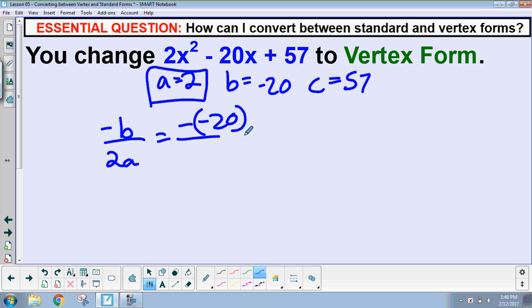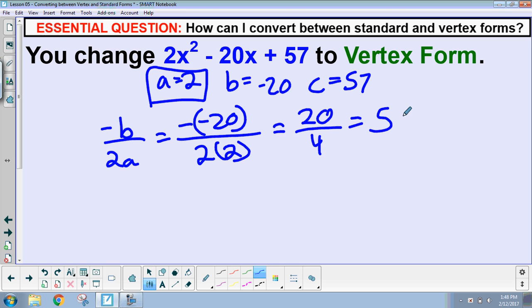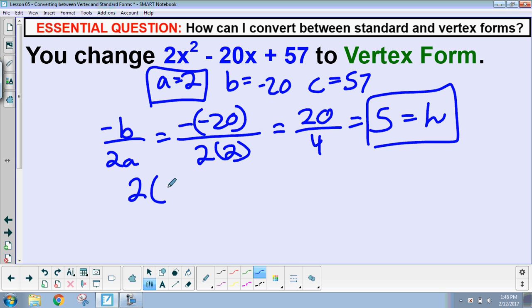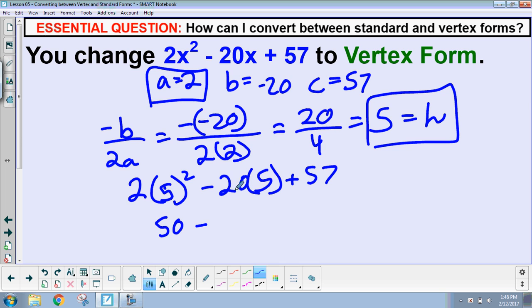That's a positive 20 over 4, which is 5 for H. Plug that 5 in for X there so we can find K. So 5 squared minus 20 times 5 plus 57. 5 squared is 25. 25 times 2 is 50. And then this will be minus 100. 20 times 5. And then plus 57. 50 and 57 makes 107. 107 minus 100 is just 7. Equals K.